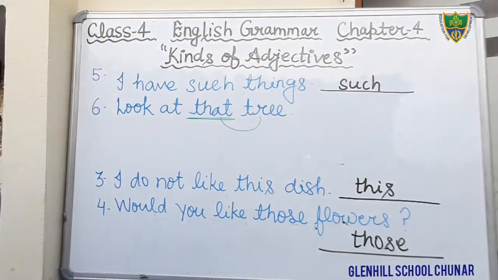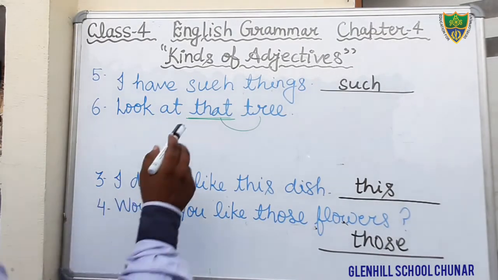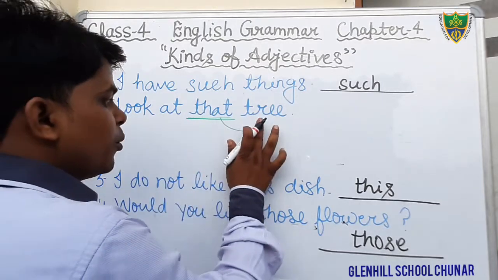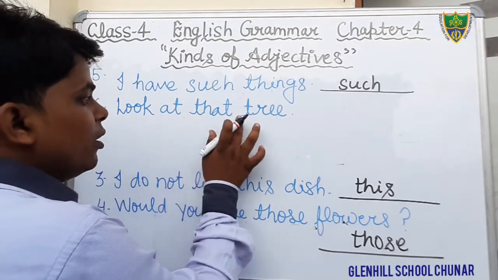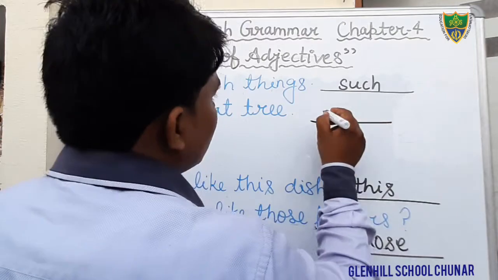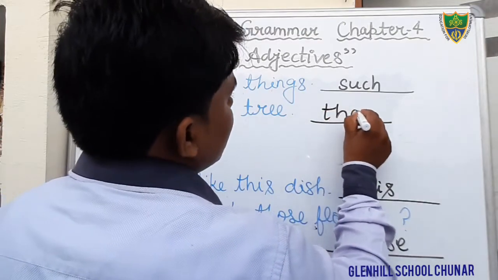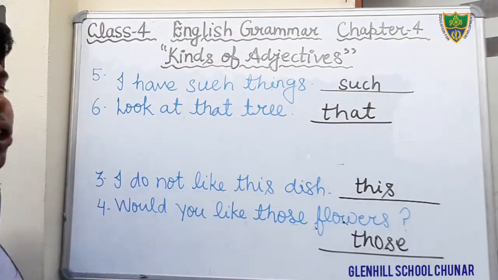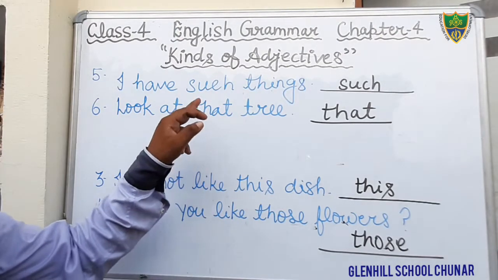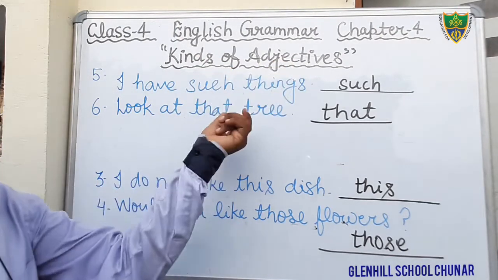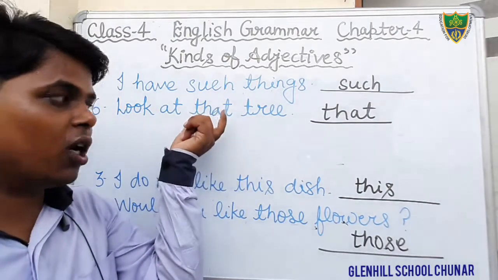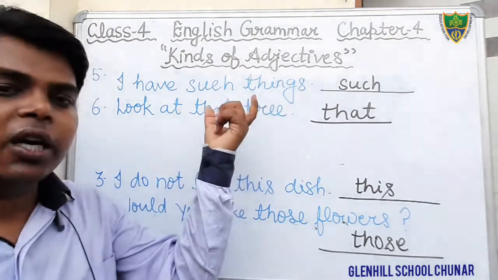Okay, so what is the demonstrative word? The word that. Therefore we will write the word that as the demonstrative adjective here. The word that is a demonstrative adjective because it is used to point out the tree.